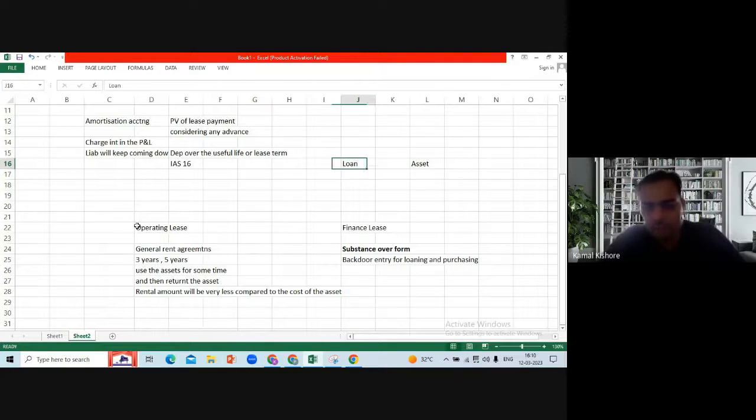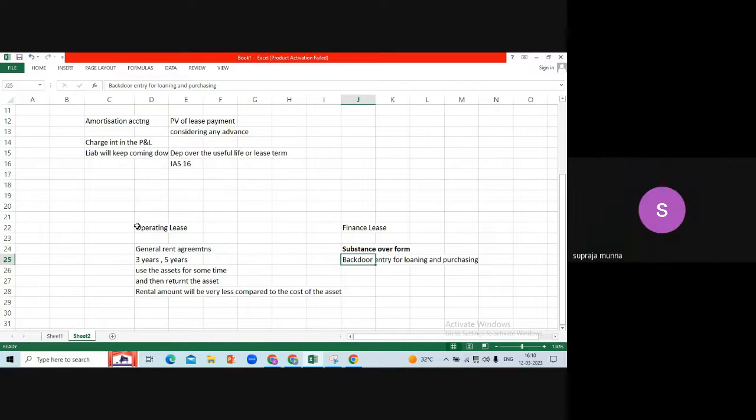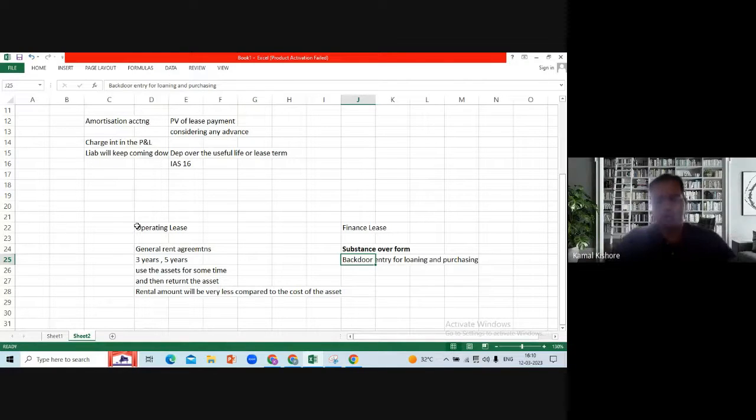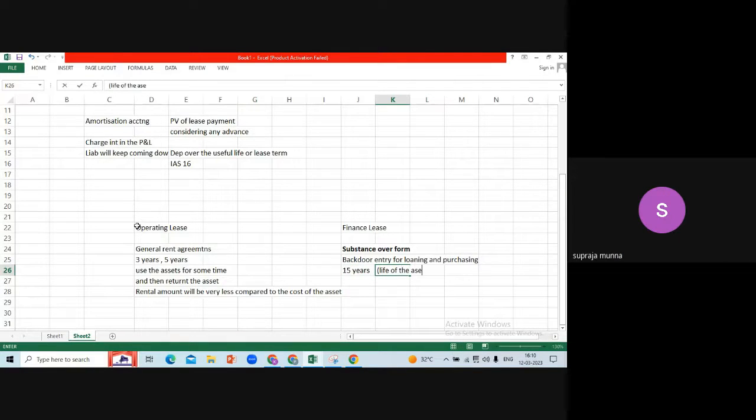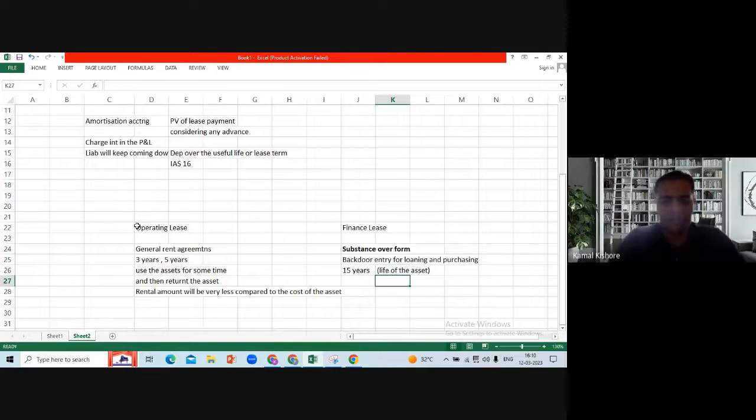But instead, I'll go to a vendor and tell him, boss, you buy the asset, and we'll enter into an agreement. The agreement is for 15 years, which is generally the life of the asset. Rent, I will pay monthly or yearly.